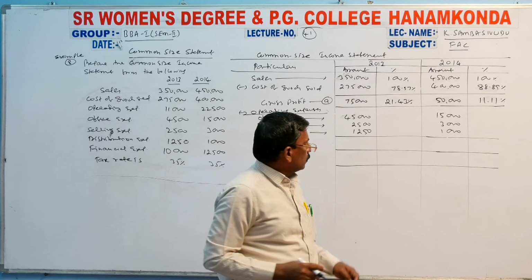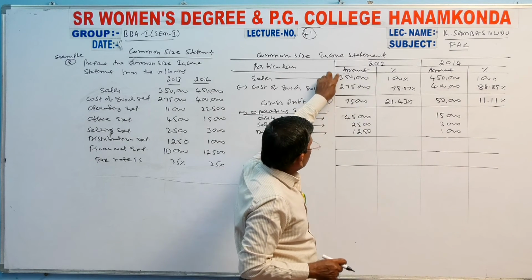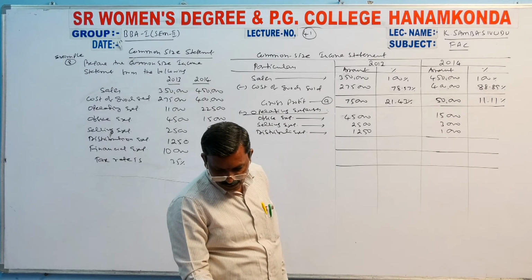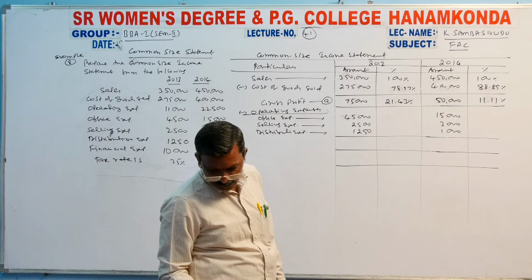So this 45,000 divided by 3,50,000, then what is the percentage? Okay, 1.2.